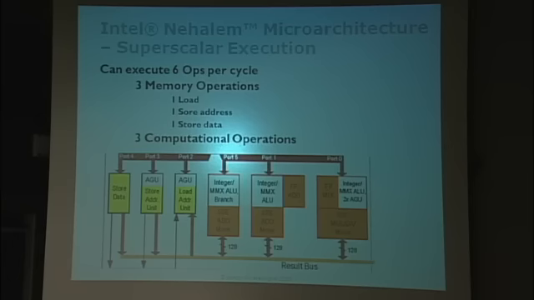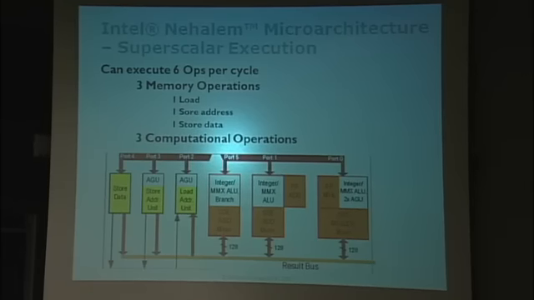So when you have this superscalarness, with multiple execution units, you can do a lot of things in a clock cycle. In the Nehalem processor, you basically have 6 things that can happen in one clock cycle, not the same thing. You can do a data store, you can store an address, load an address, and then you can do 3 different types of execution.